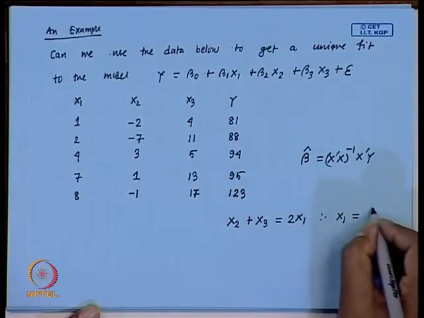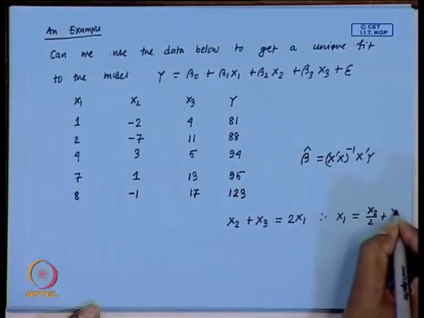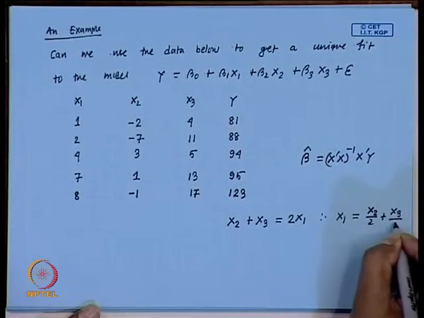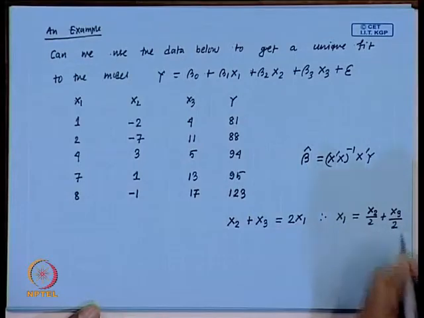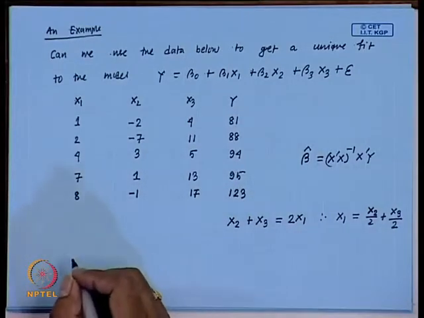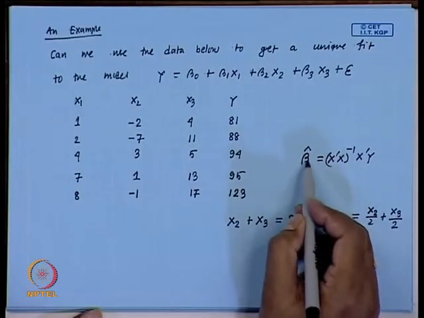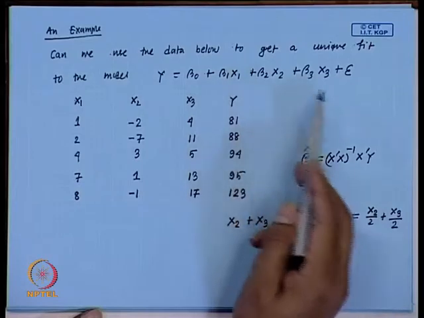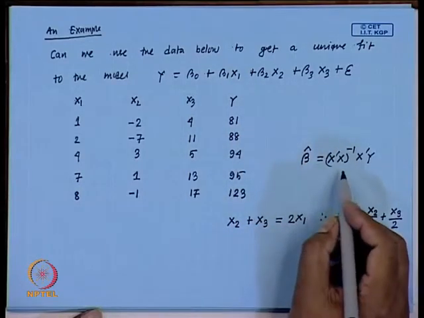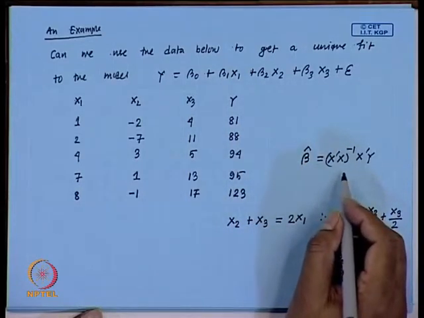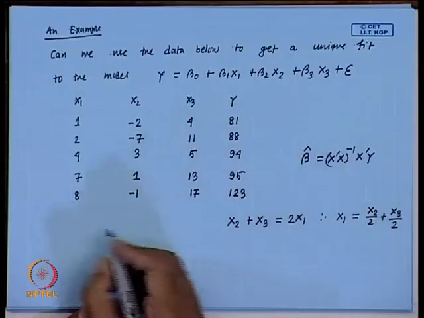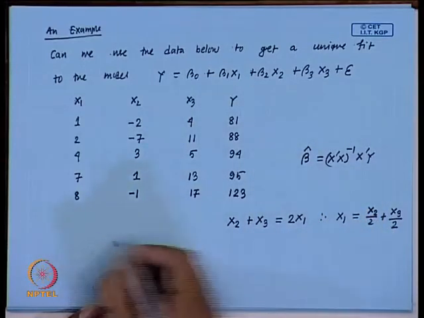So, x 1 is x 2 by 2 plus x 3 by 2. Okay. So, here we can't estimate the regression coefficients, because X prime X is singular.